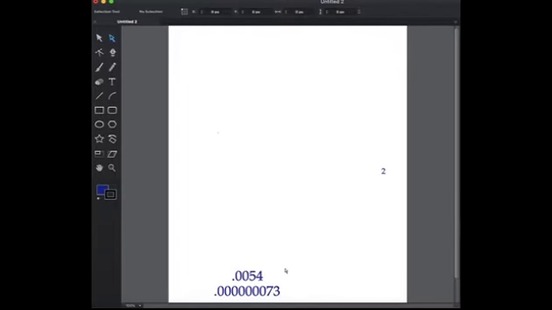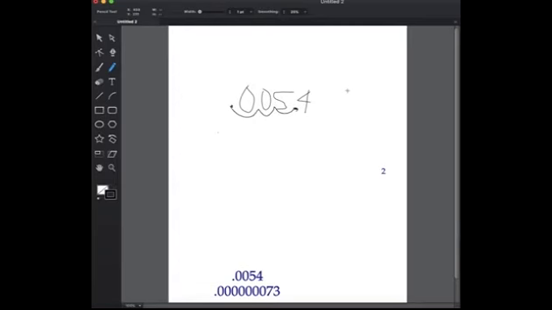Now we have 0.0054. We want to convert this decimal number to a scientific notation. So the same rules apply. 0.0054. Okay, so how many decimal places would it take to convert this number to a scientific notation? So we will have to put the decimal point here because 5.4 is above 1 and less than 10. 1, 2, 3.